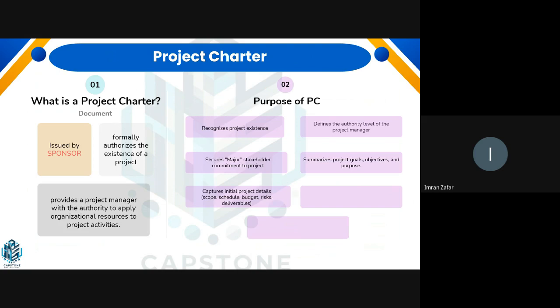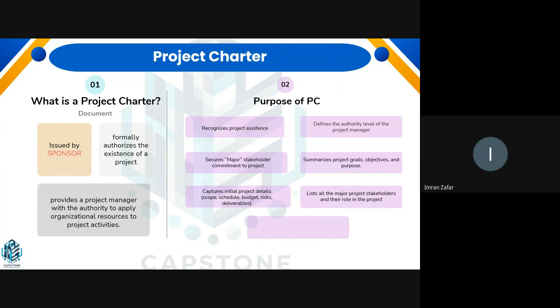What are the initial constraints or the details of the project? How much budget does the approved project have? What kind of scope will the project be delivering? What are the high-level risk assumptions? What are the milestones at which the organization or the customer is going to get the deliverables?